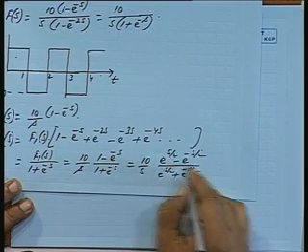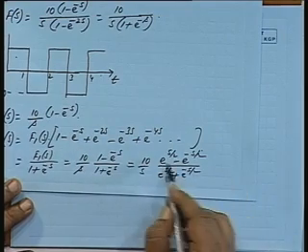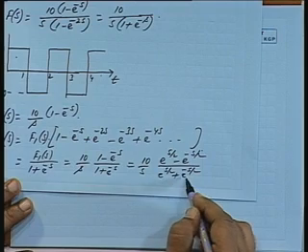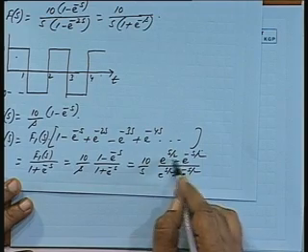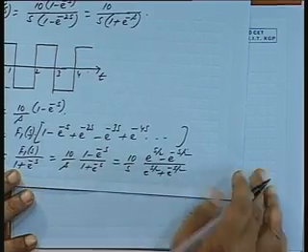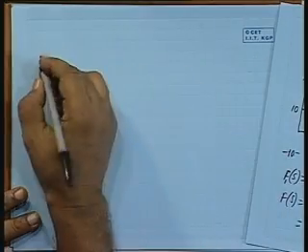So, this will be not 2j, why j? I am not putting j omega and all that. This is simply cos, this is sine, or sine and cos. So, it will be tan hyperbolic. So, it will be 10 by s tanh(s/2).